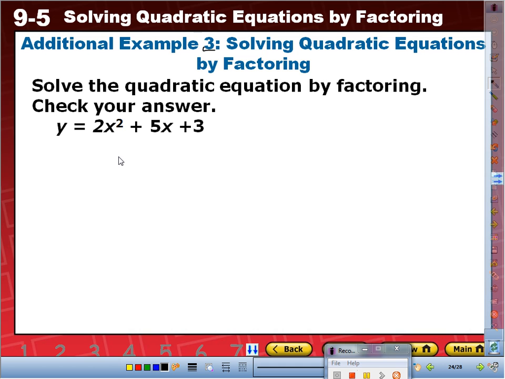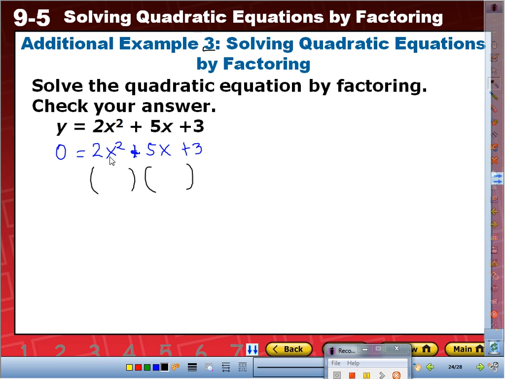Isn't it already solved for y? Step 2, substitute 0 for y. Bring everything else down. 2x squared plus 5x plus 3. Are we there so far? So step 1, solve for y. Step 2, substitute 0 for y. Step 3, factor the trinomial. So let's see. Open two parentheses.